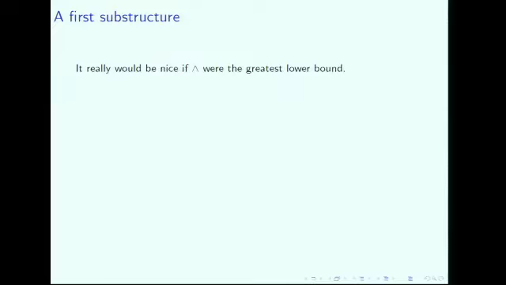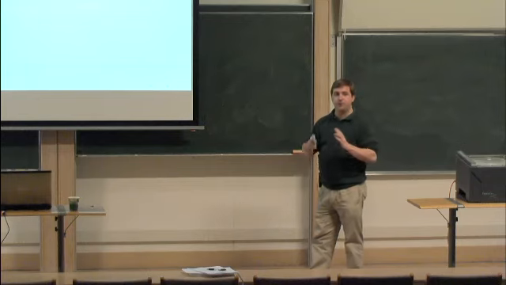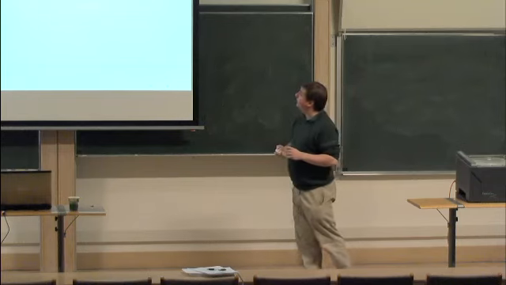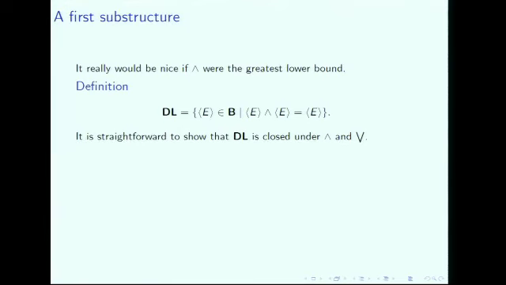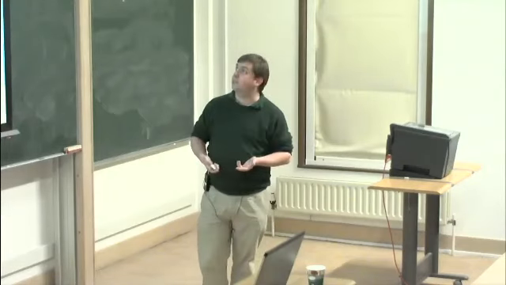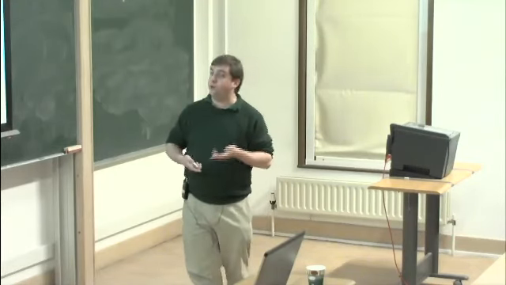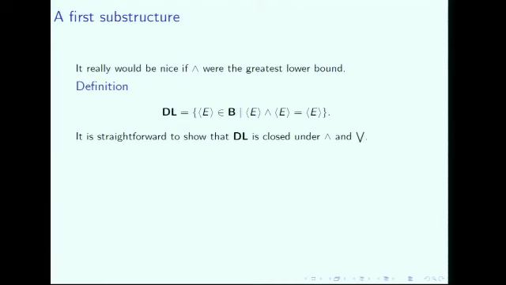This issue that the smash is not the greatest lower bound is a bit annoying. So what we'll do is move to a sub-lattice of B. We'll define DL to be the set of those Bousfield classes which smash with themselves to give themselves. This is something that you have to have for a greatest lower bound. It's a straightforward, purely algebraic manipulation to show that DL is closed under smash and join.